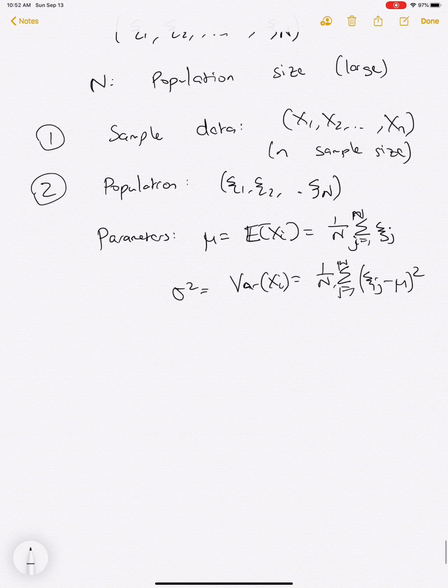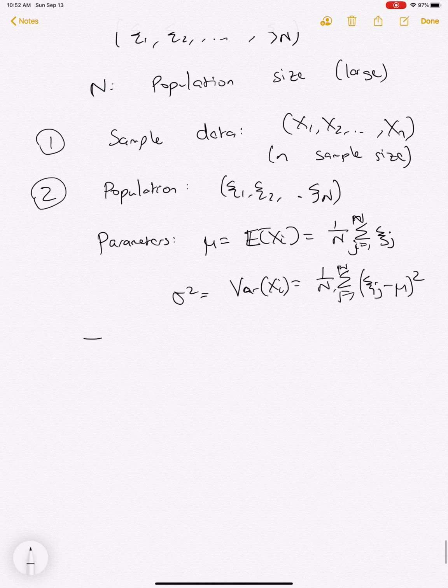And what was interesting and unique to chapter 7 was that we looked at two sampling schemes.